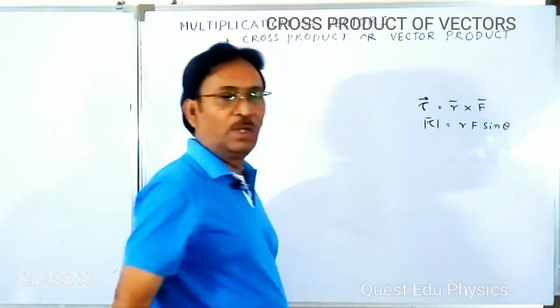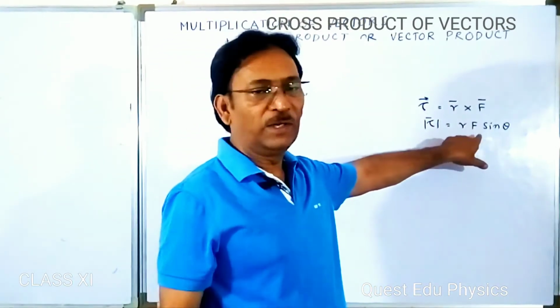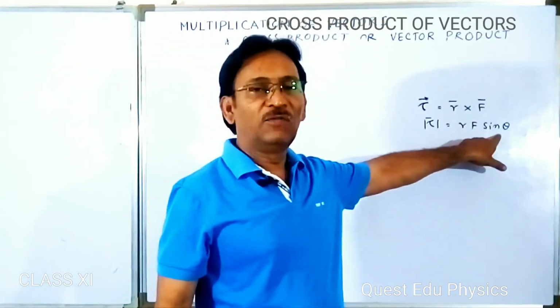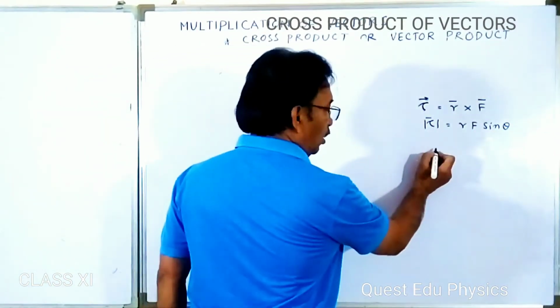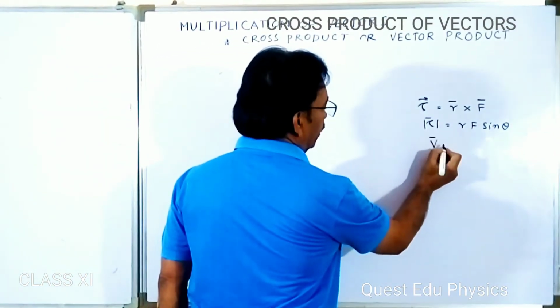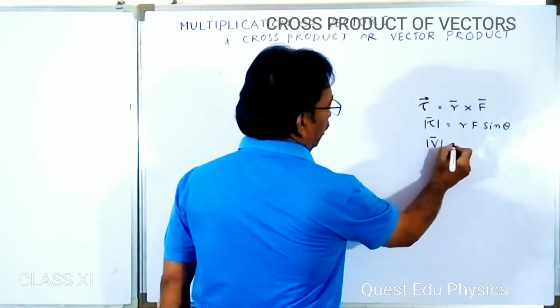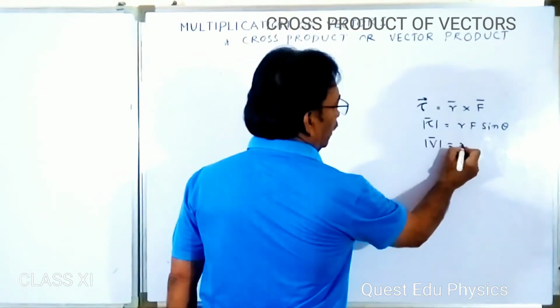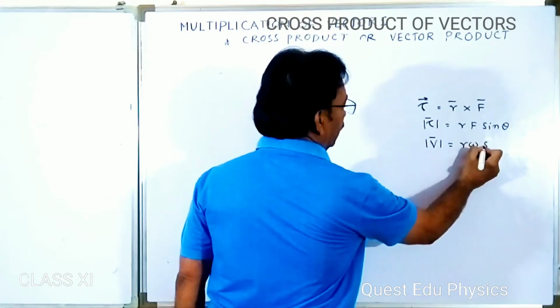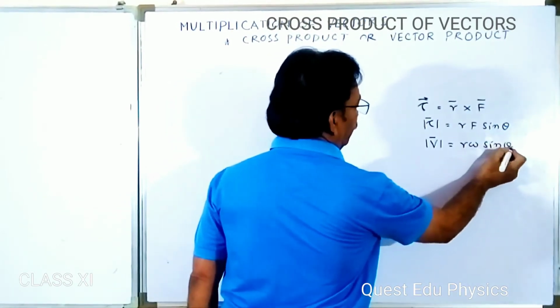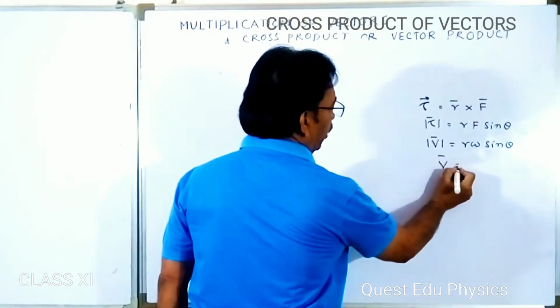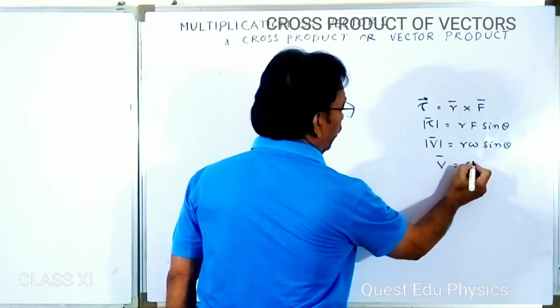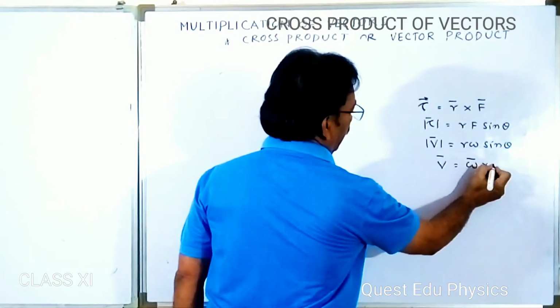That's why I told you it's the magnitude of the product of the two vectors with the sine of the angle between them. And one more example, it is often used in mechanics. V bar is equal to R omega sine theta. That means the form of the equation is V bar is equal to omega bar cross R bar.